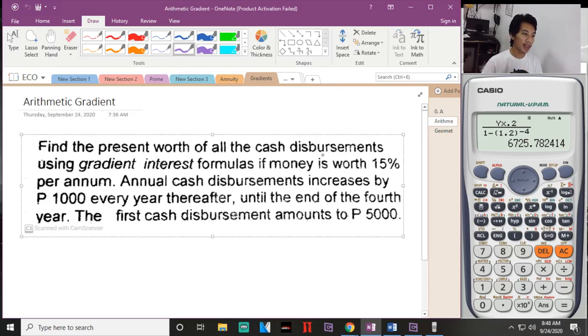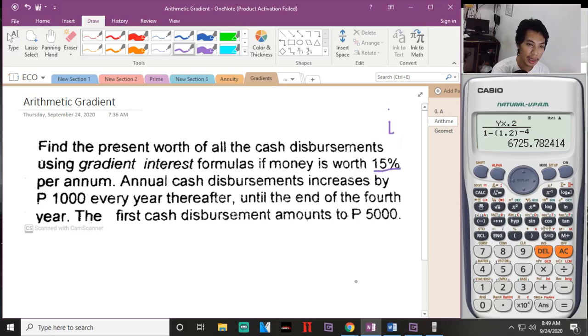Now, you will find the present worth of all the cash disbursements using gradient interest formula. If money is worth 15% per annum, ibig sabihin, this is given as actual interest rate kasi wala namang sinabing compounded. The annual cash disbursement increases. So, what happens in your gradient? That is increasing. So, ascending, plus.